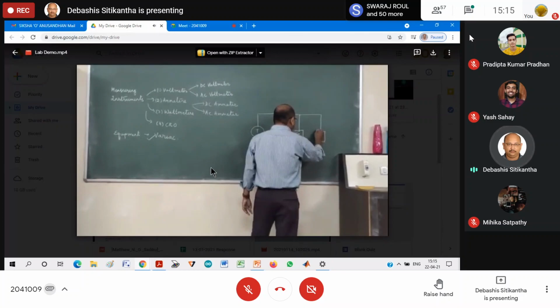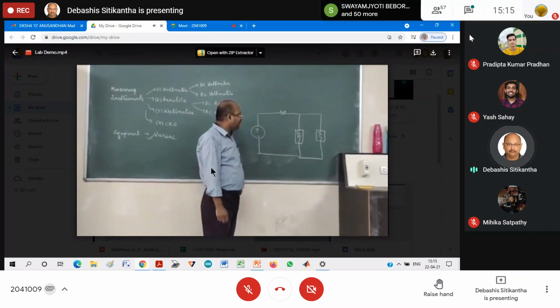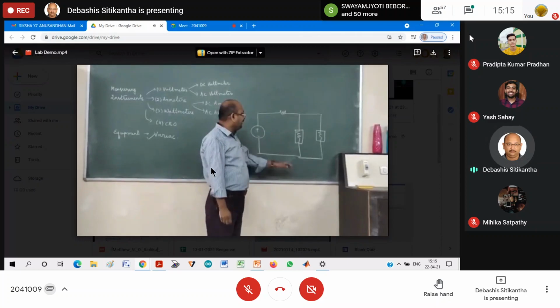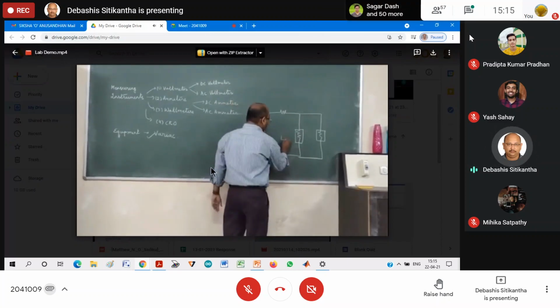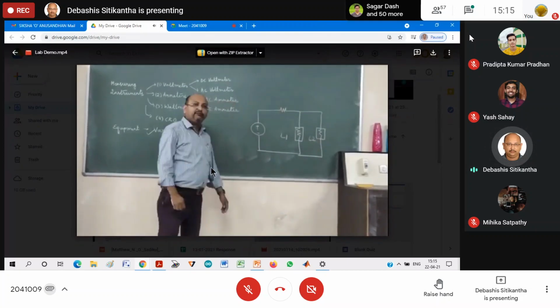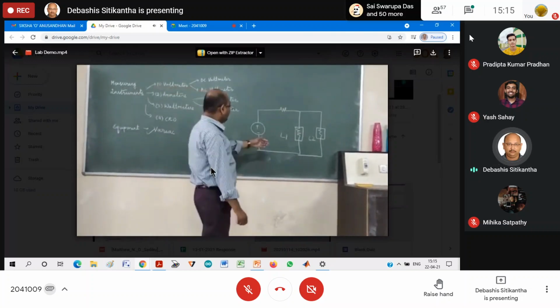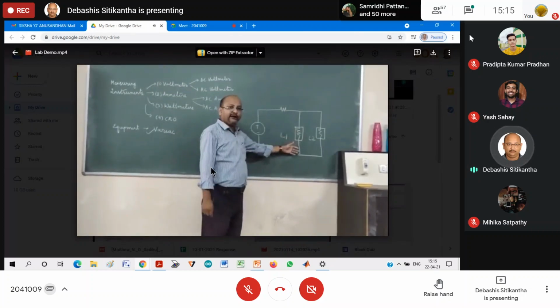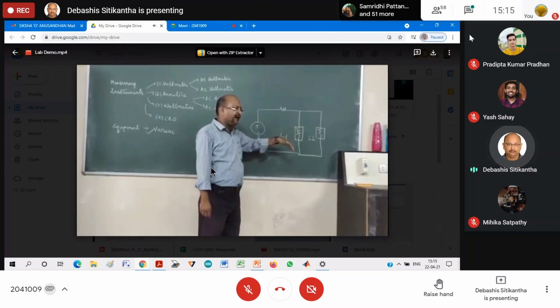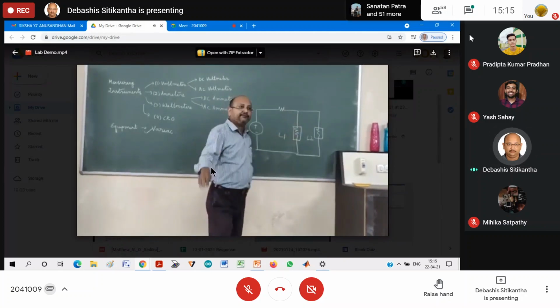Connected in parallel, and there is a resistance in this part. Now I want to measure the current that is being drawn by this particular node L1. Let us say this is the node L2.